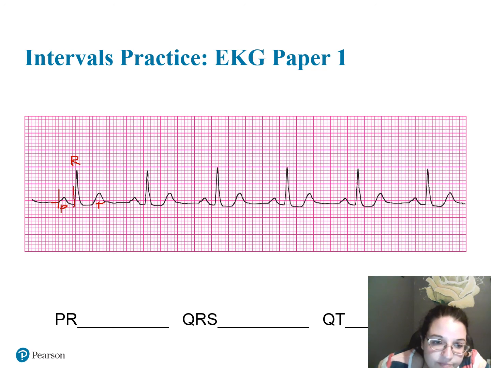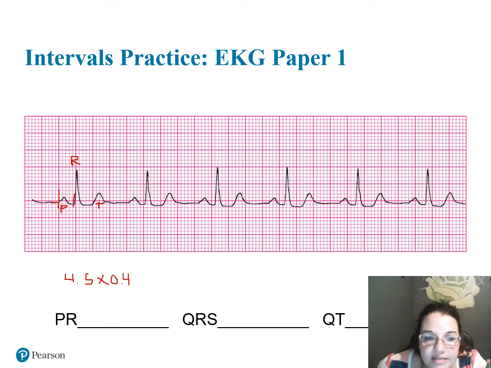So I would say this is about 4 boxes. Let me make that one a little bit clearer for you. So the change for the QRS is kind of midway of the 5th box. So I would say 4.5 boxes. And remember, what do we multiply times? 0.04.